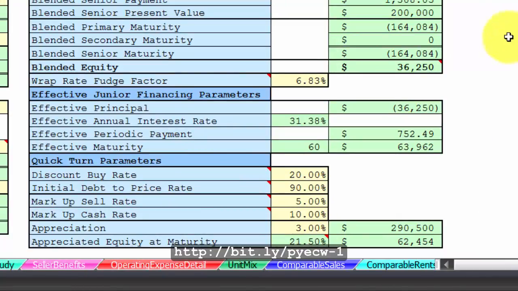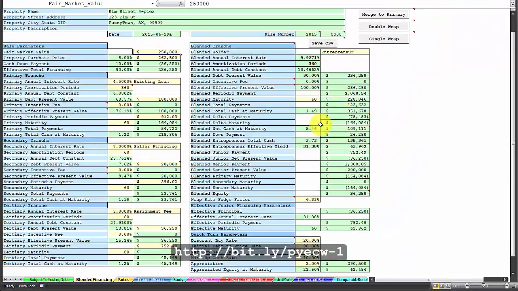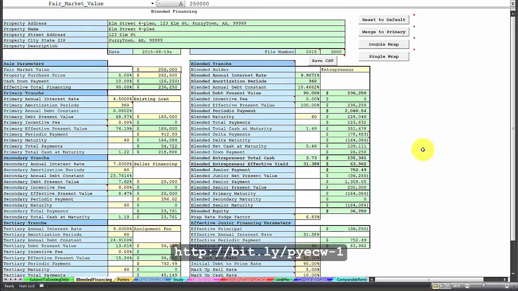That means he could do an 80% loan-to-value refinance, rate and terms refinance, and pay you off. That would lower his payments, pay you off. He would still have his equity. It's a win-win-win solution. This shows you the power of wraparound notes.